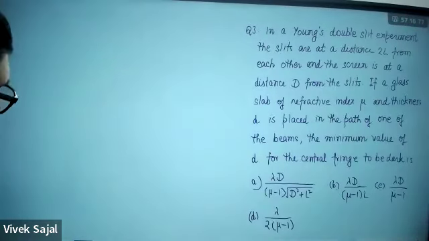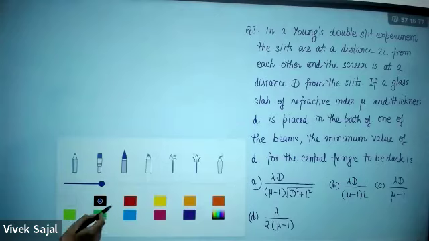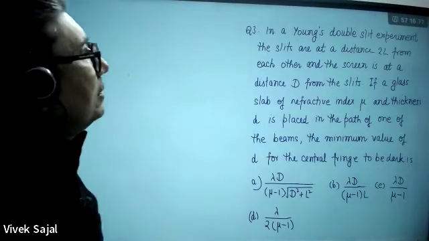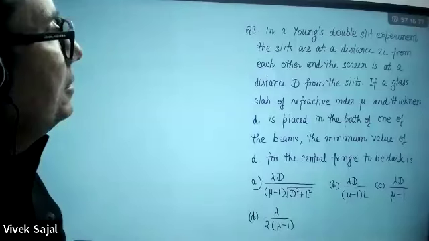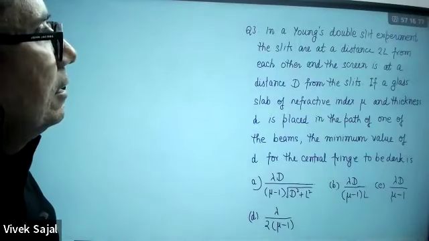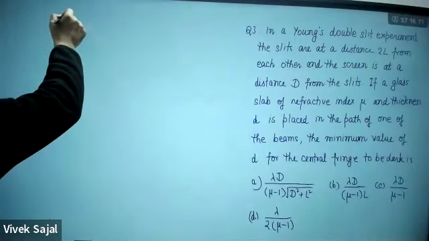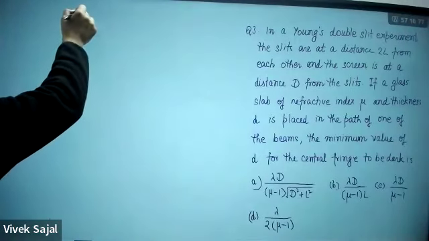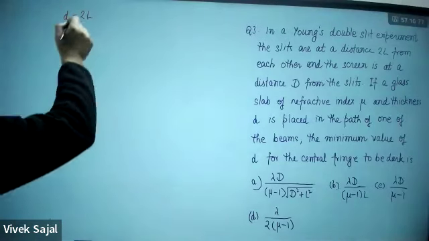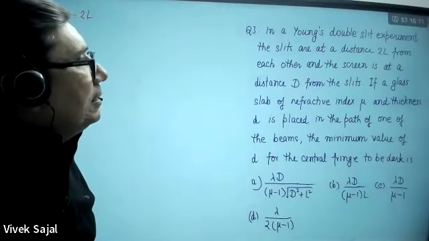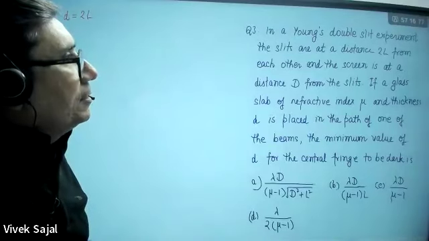This is question number 3. In a Young's double slit experiment, the slits are at a distance 2L from each other. So small d is 2L. And the screen is at a distance capital D from the slits.